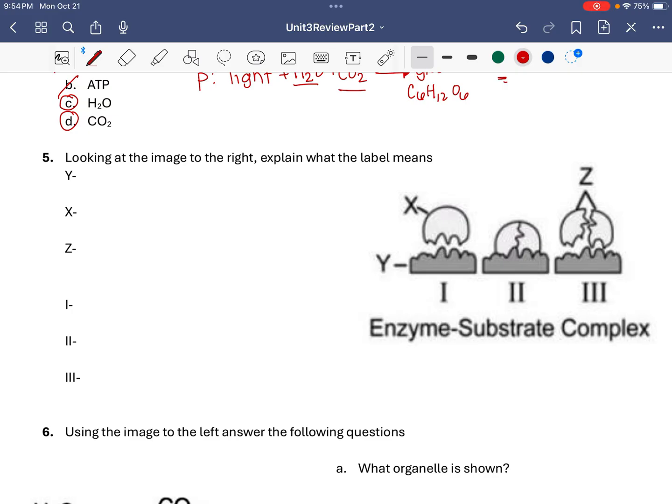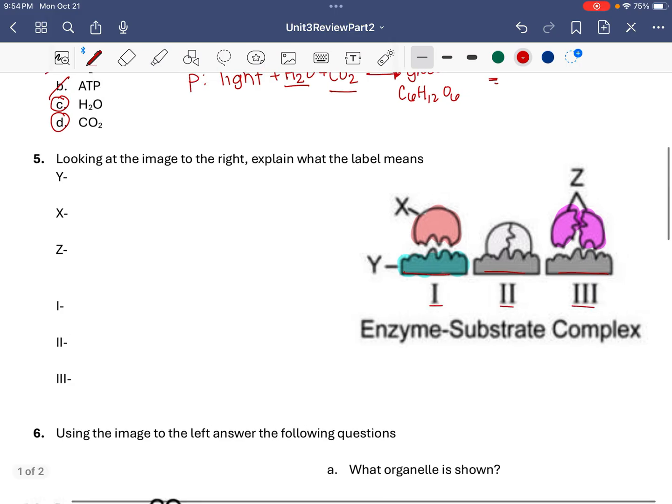That's what this is. Looking at the image, here we have Y. Y is representing this on the bottom. X is representing what connects to it, the little puzzle piece. And Z is at the very end, so that should give you a clue about what that is. You can try to answer it on your own, but once you're ready for the review part, if you look at Y, it is exactly the same throughout phase 1, 2, and 3.